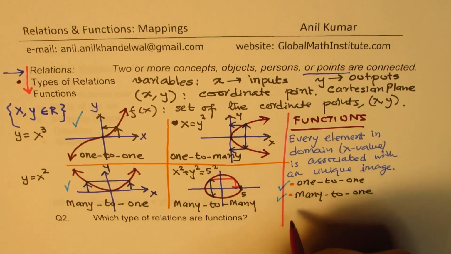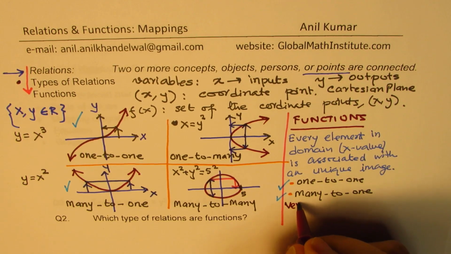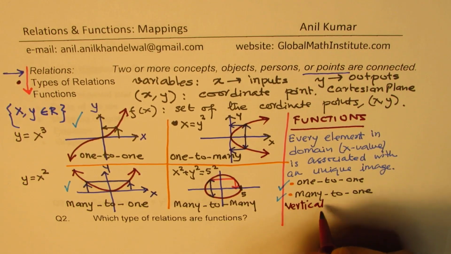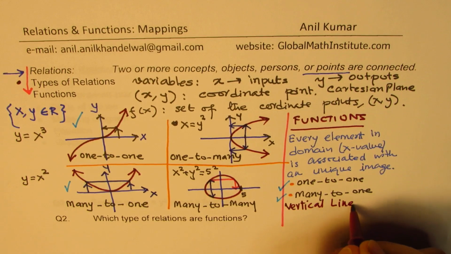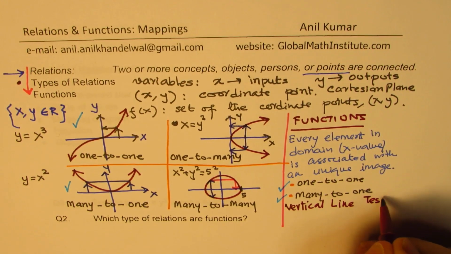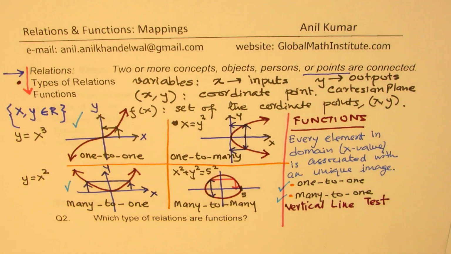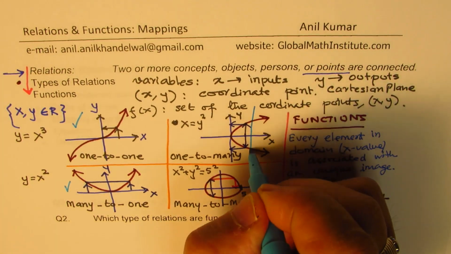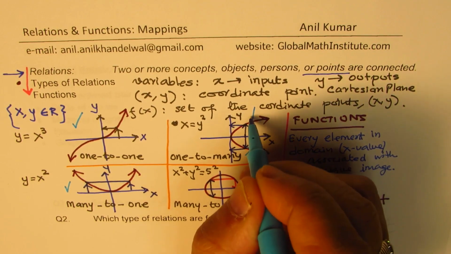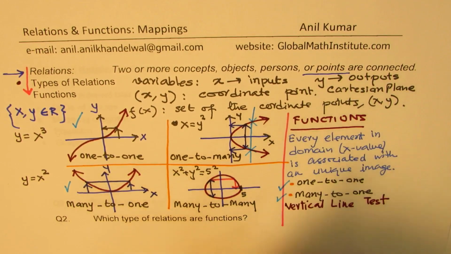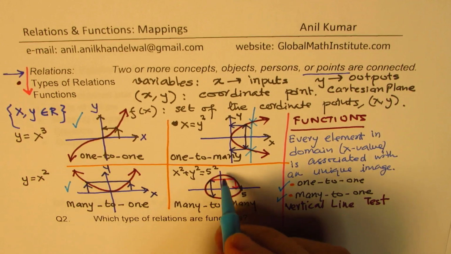So we also call it a vertical line test to check for our functions. It really means that if I draw a vertical line and if it intersects at 2 points, then it means it is not a function, right?